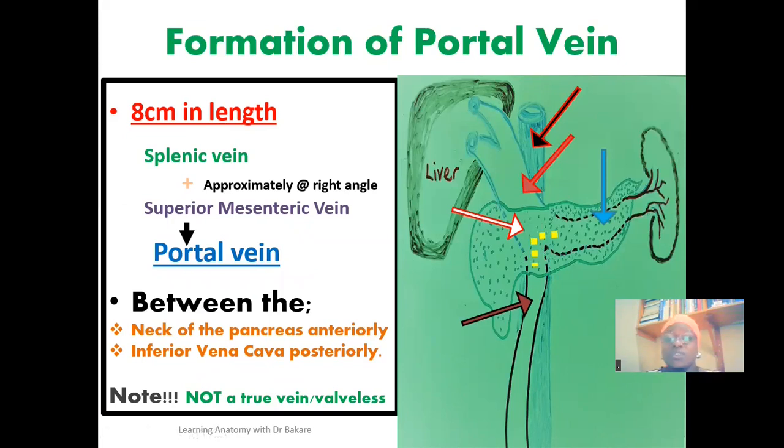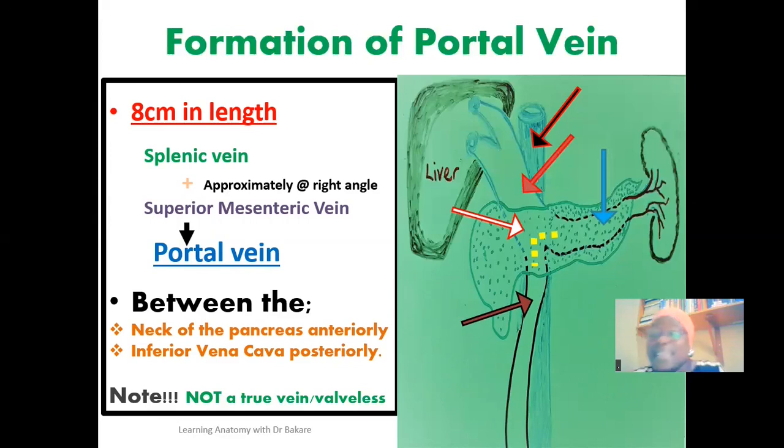It's also good for us to know that the portal vein is not a true vein, and it's also valveless. What this means is that if you look at the normal configuration of arteries and veins, if you've not checked up my lecture on the differences between the arteries and veins, please kindly go and check up that lecture so as to keep yourself updated.